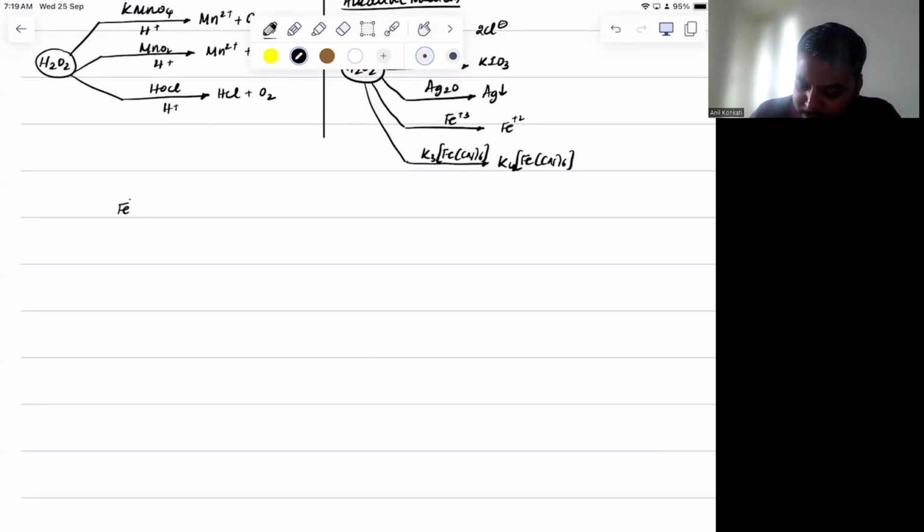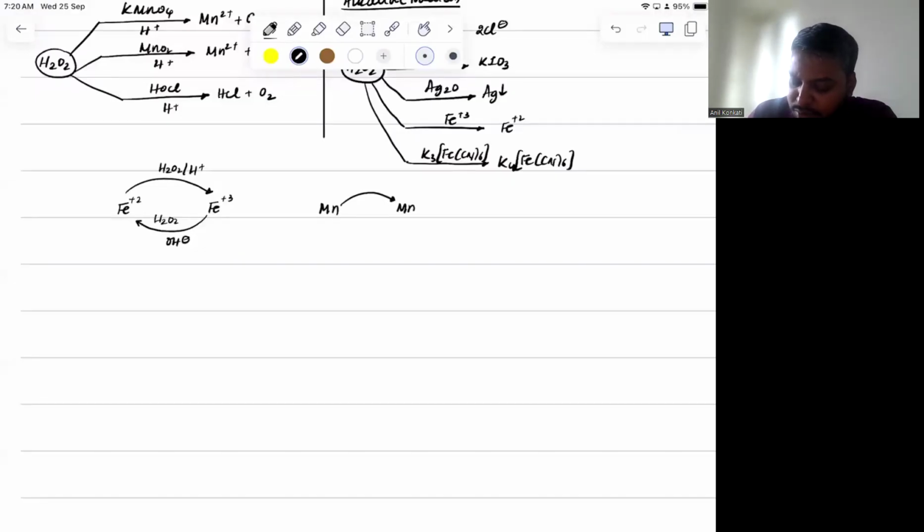That is how Fe plus 2 changes to Fe plus 3. Okay. So if it is from Fe plus 2 to Fe plus 3, that means this is peroxide in H plus. Okay. If it is the other way around, that means it is peroxide in OH minus. Clear?